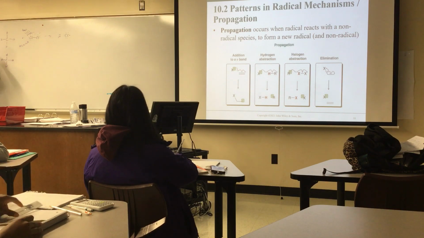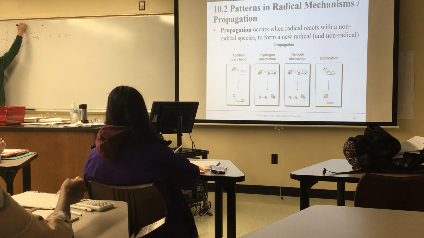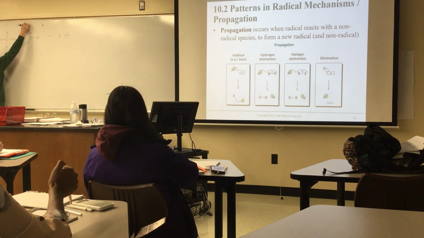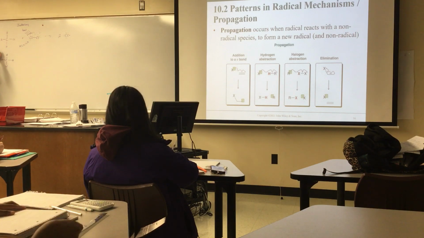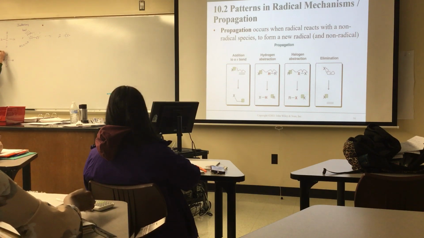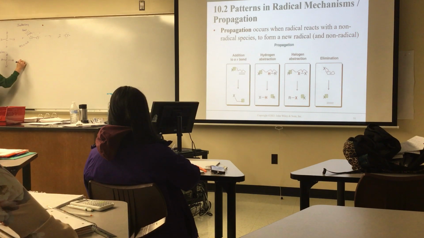What happens next is propagation. So you're going to have initiation first, and now propagation to start making some new radicals. And how's this going to look? What's this going to look?